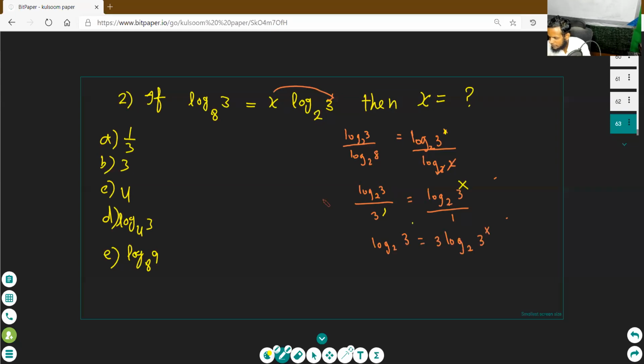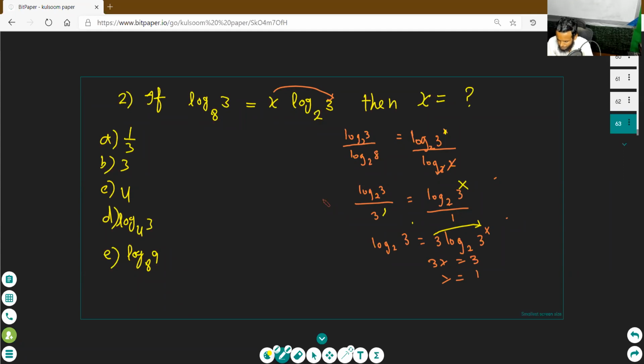There is x, there is 3 here. Since they have the same base, make this as a power: 3x equals to 1. X is equal to... Yes, this is also correct.